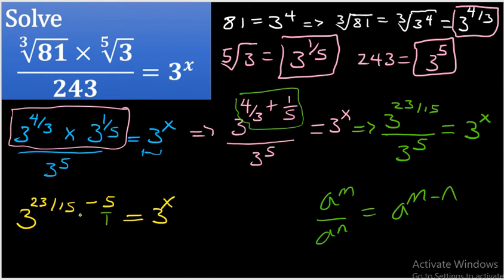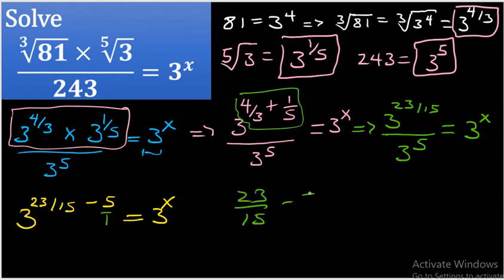How do we take the difference of this fraction? Actually 5 means denominator 1. You can apply crisscross, or you can make the denominators the same: 23 over 15 minus 5 over 1, so you can multiply by 15 over 15.